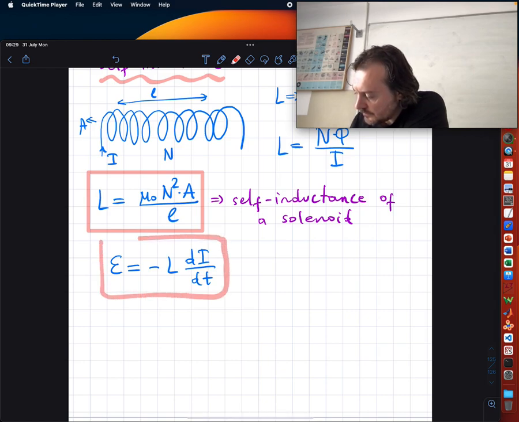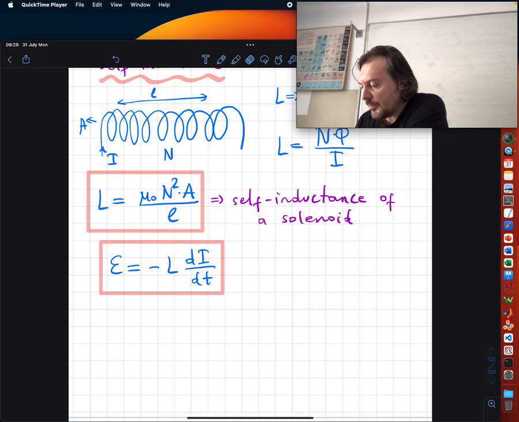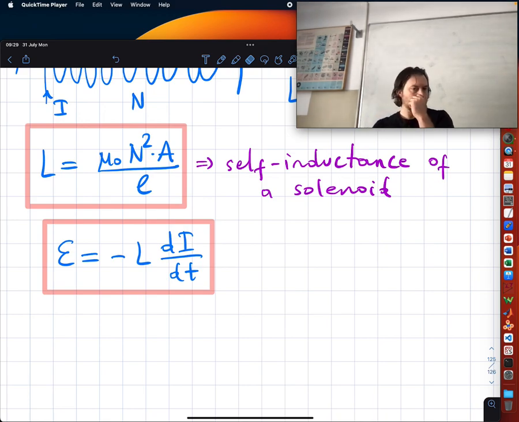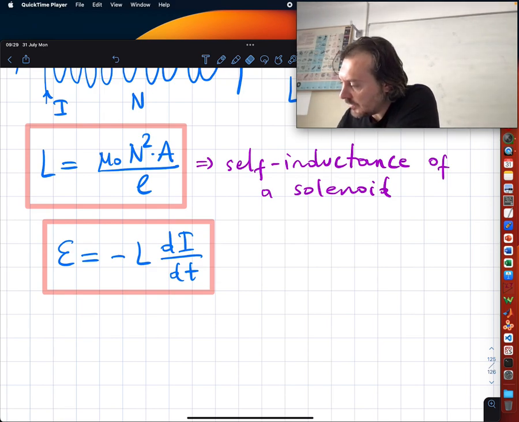Okay? That completes our tool set. You remember we talked about analogies. This is what we call an inductor.